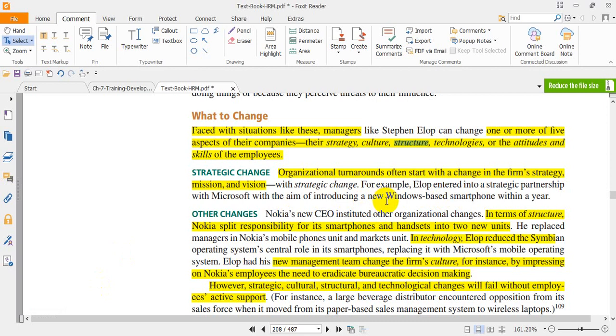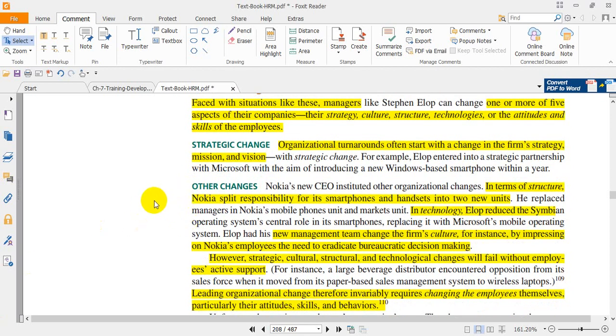So in Nokia's case, the new manager entered into a strategic partnership with Microsoft with the aim to introduce a new Windows-based smartphone within a year. This is a strategic change in the case of Nokia and the iPhone.